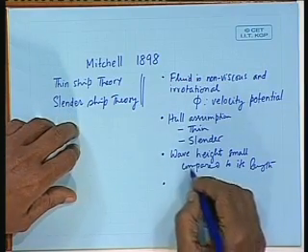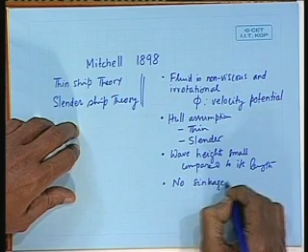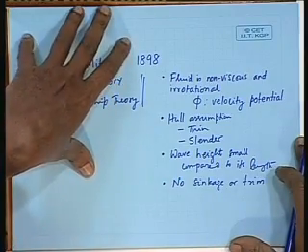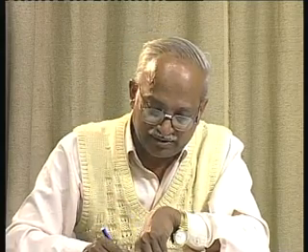Then we had no sinkage or trim. This is a very important assumption. That means the speeds were such that vessels did not sink. I told you that at high speeds there is sinkage. The assumption was no sinkage.